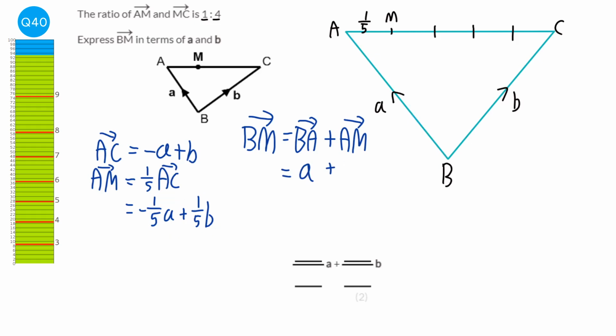It's minus 1/5 a plus 1/5 b. And so a minus 1/5 a is going to be 4/5 a. And then we've got the 1/5 b. So it's going to be 4/5 a plus 1/5 b.